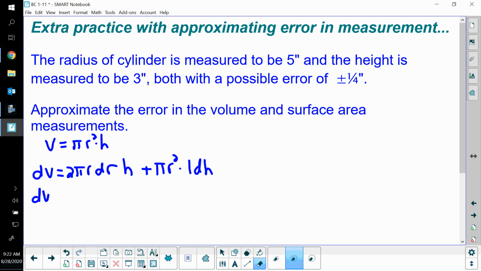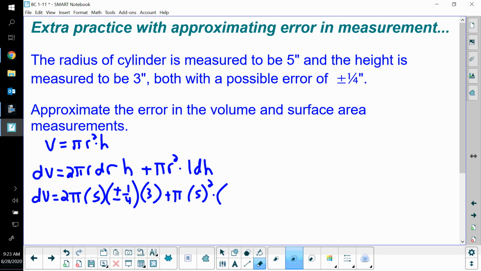So therefore, our volume will have dV is equal to 2 pi. Our measured value of the radius we have is 5. The dr is the plus or minus that 1/4 inch. The measured value of the height was 3 inches, plus pi times 5 squared times 1 times that plus and minus of a quarter.